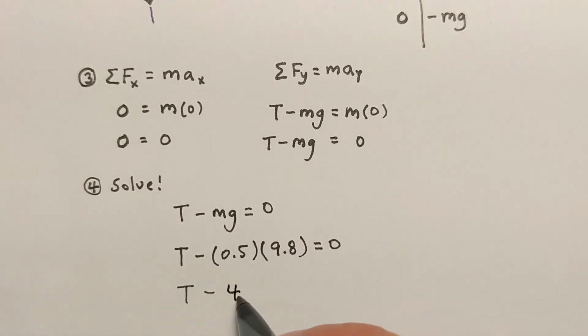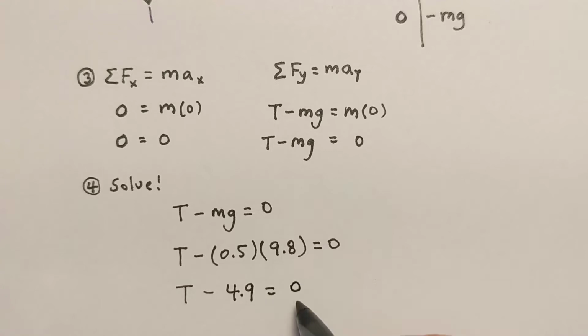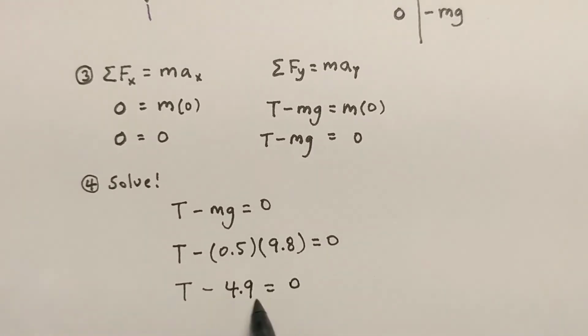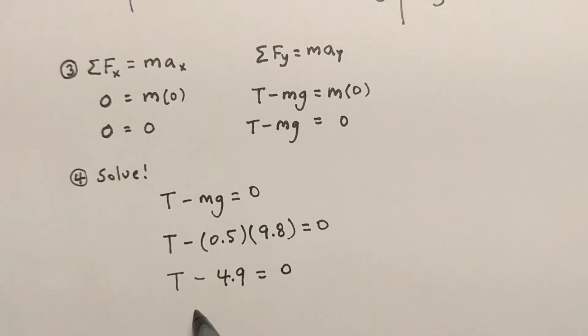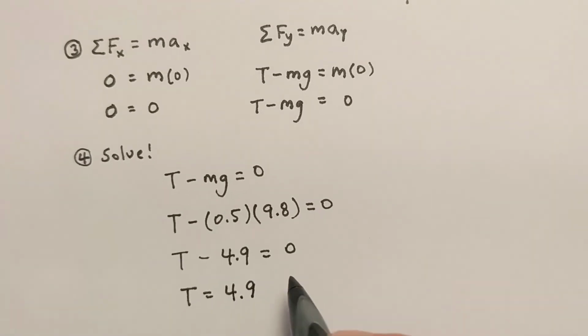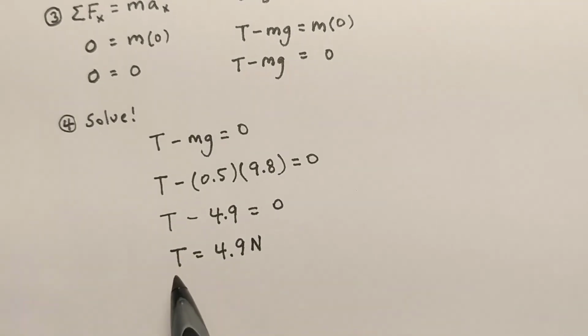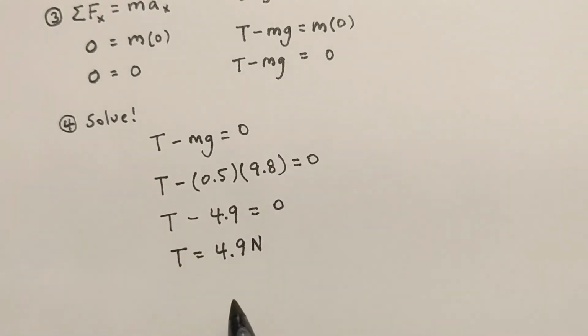So tension minus 4.9 newtons equals 0. And then in order to solve for tension, I should add 4.9 to both sides. So we're going to get that tension is equal to 4.9 newtons, because newtons is the unit of force. So that's it. This is our answer. The tension is 4.9 newtons.